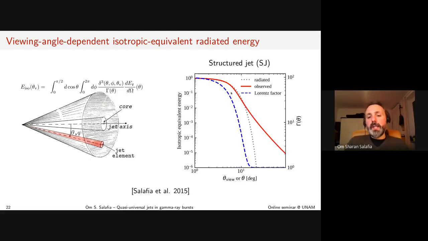But in the case of a decaying radiated energy, in this case a Gaussian, and also a decaying Lorentz factor, then the outer parts of the jet contribute much more to the emission as seen by off-axis observers, and the decay is much smoother. And in general, even for a Gaussian distribution, so a very sharp distribution of energy per unit solid angle in the jet, you have a power law dependence of the isotropic equivalent energy with the viewing angle.